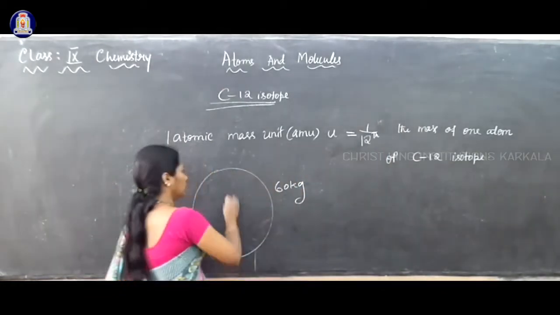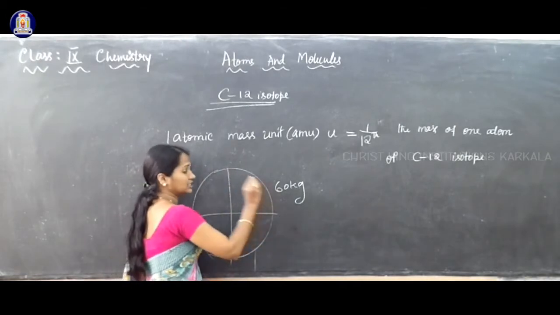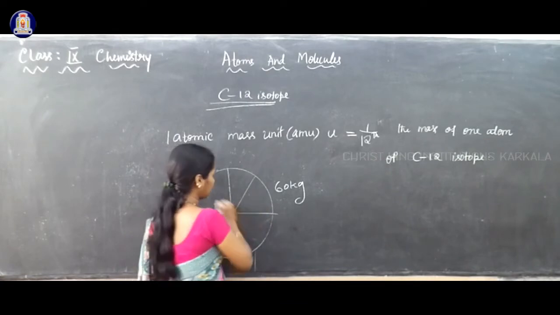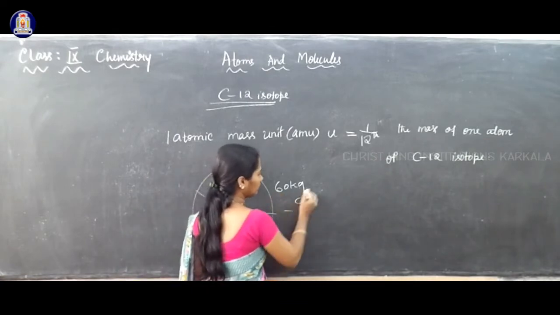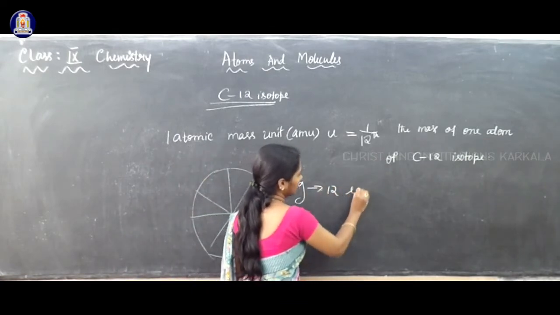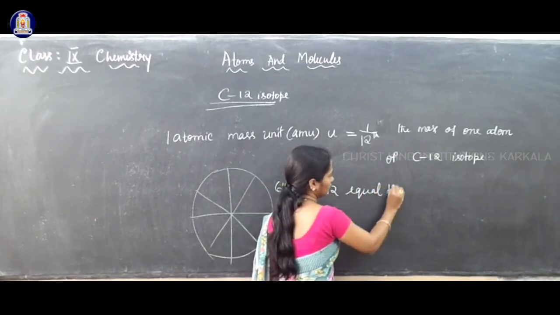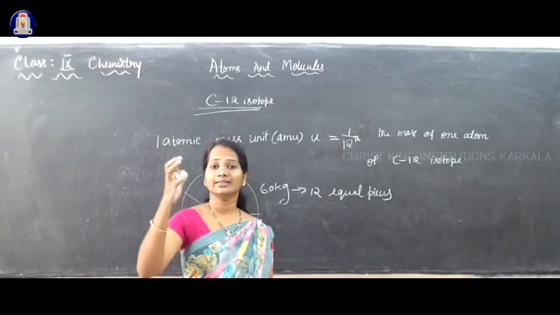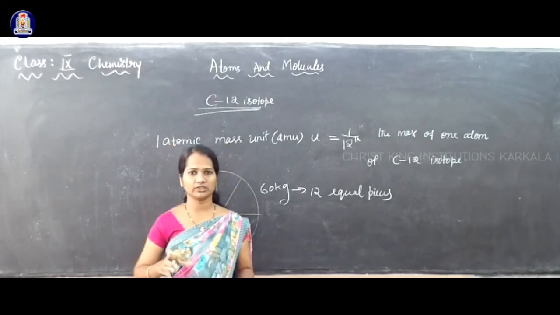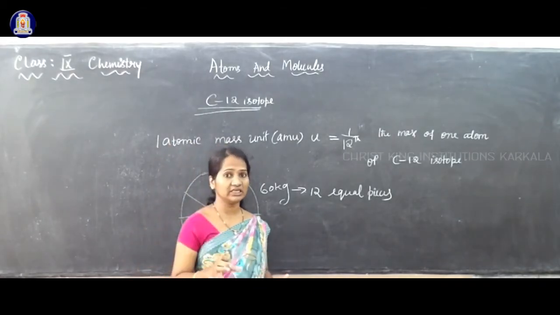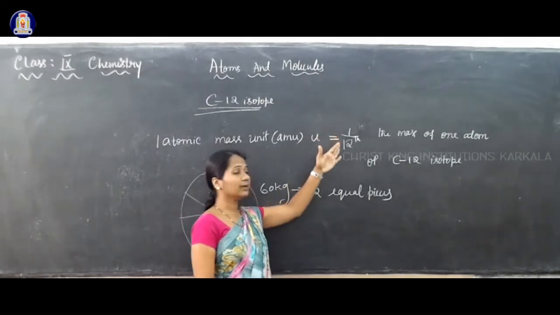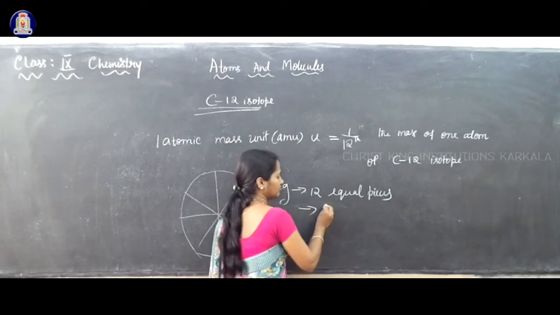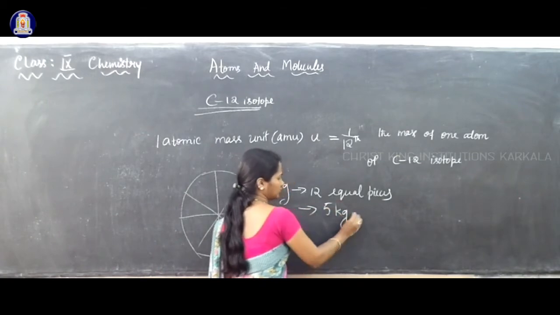If you divide the pumpkin into 12 equal pieces, the mass of each piece will be 1 by 12 of it. How much will the mass of each piece be? It will be 5 kg.